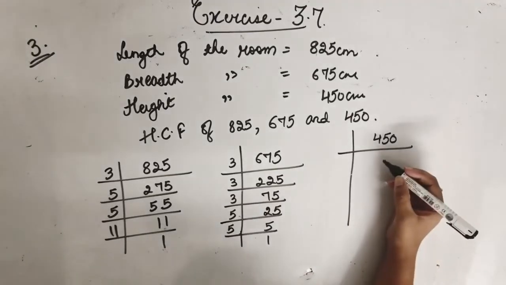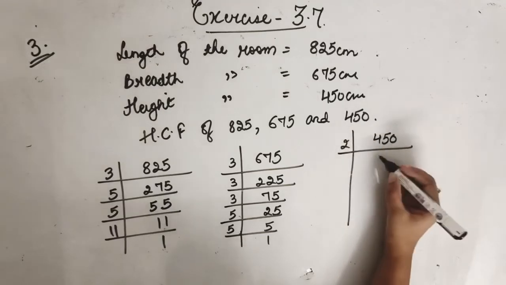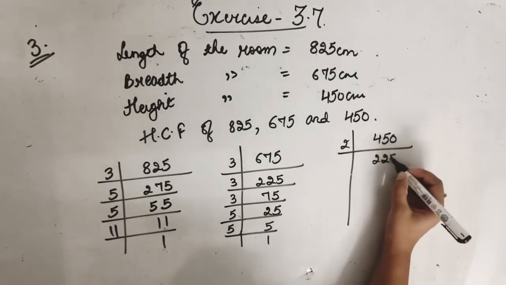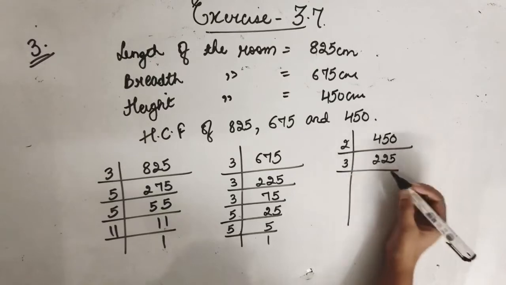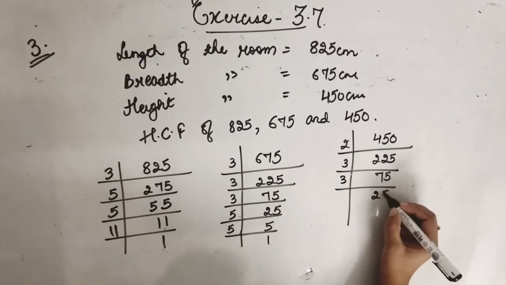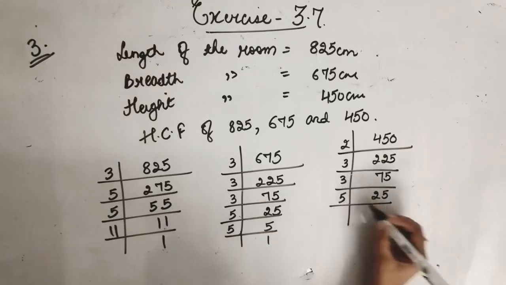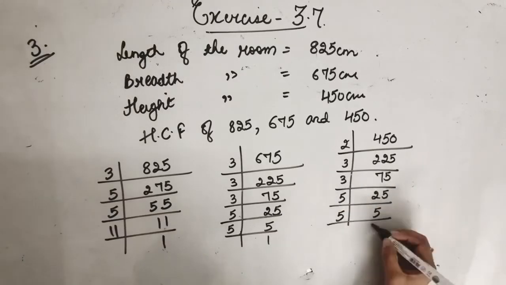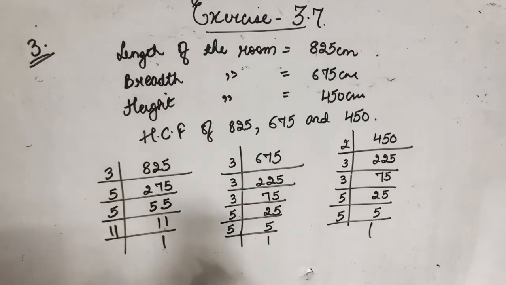Next 450. First it will go by 2: 225, then 75, then 25, 5 and then 5. So you will write the prime factorizations of these three numbers.